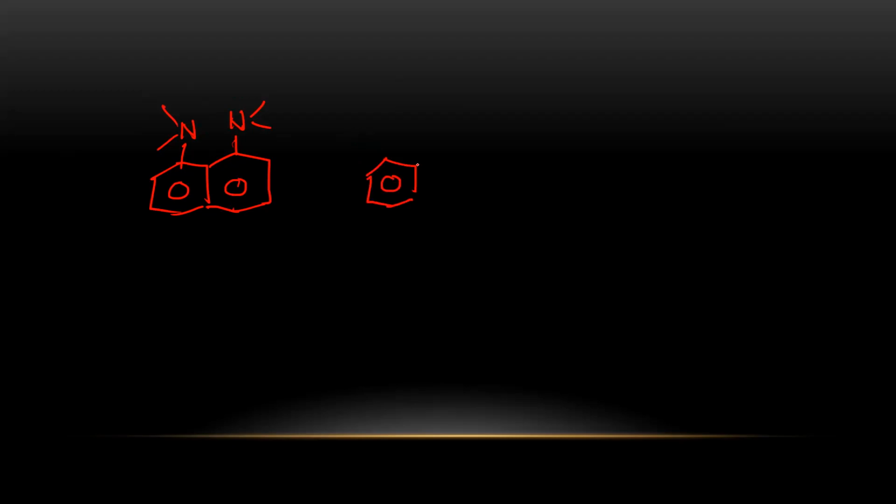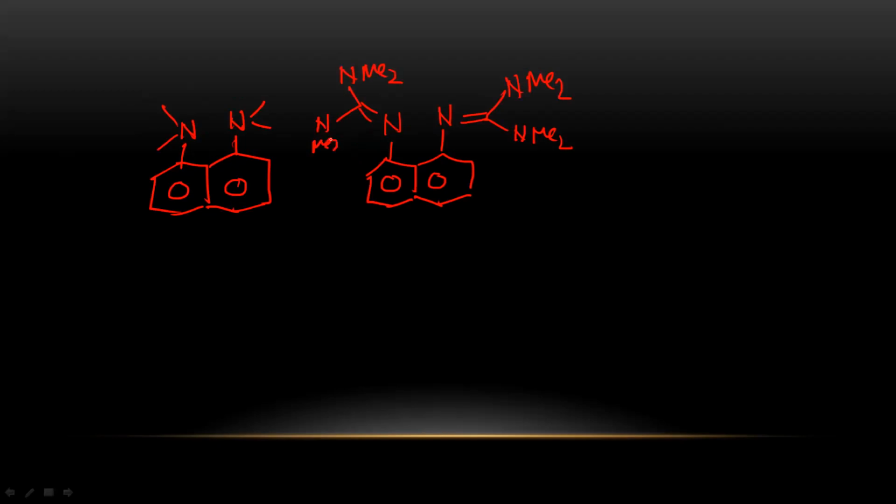The second structure is N double bond, N Me2, like a guanidine type of system. N Me2, N Me2, N Me2.